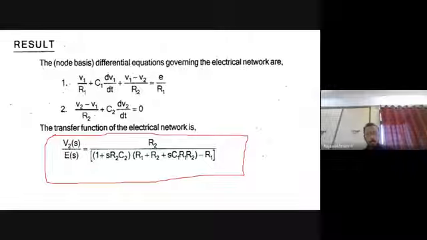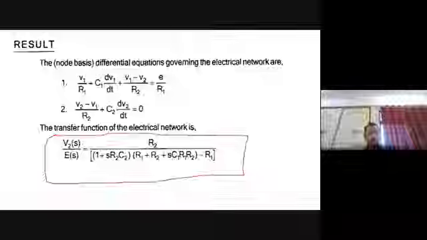Shall we enter into the main topic? Electrical system, main topic. So you note down this equation, V2(s) divided by E(s). Shall I move to the next step? Please write this equation and cross check whether you are getting it or not.